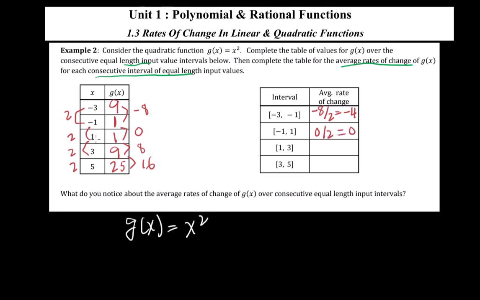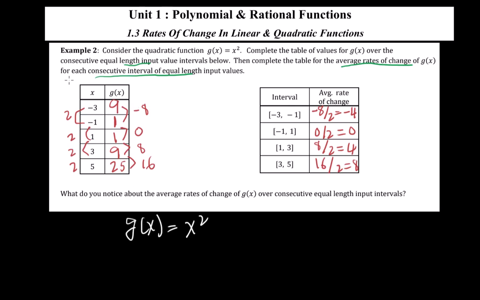The interval from 1 to 3 is 8 divided by 2, which is 4. The interval between 3 and 5 is 16 divided by 2, which is 8. As you can see, I have -4, 0, then 4. That shows this is a symmetry over -1 and 1.